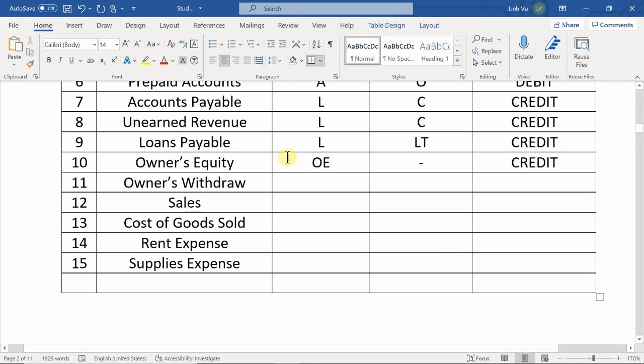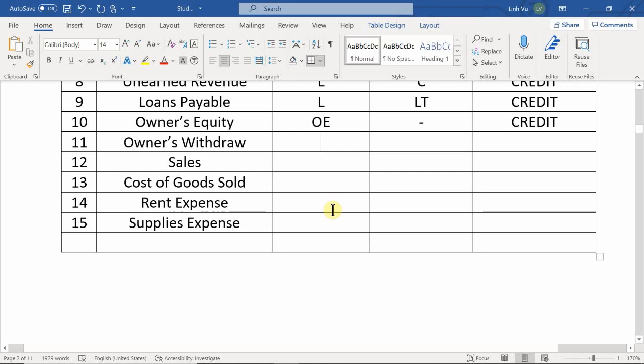What about an owner's withdrawal? When you take money away from the company? Would that be an expense?